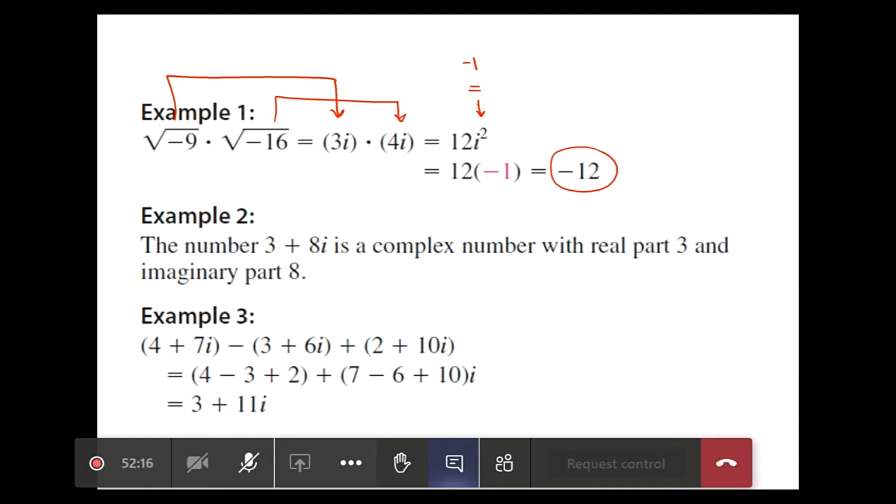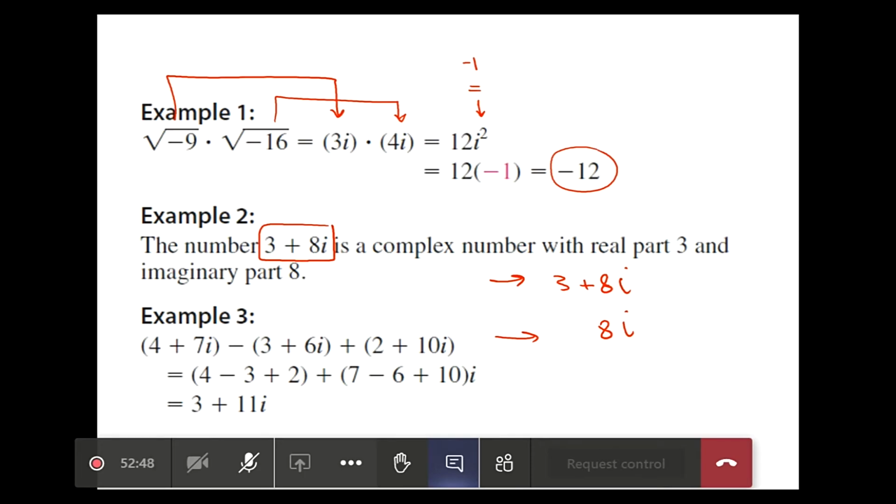The second one. The number, is this complex or not complex? This is complex. Look at this, 3 plus 8i, or for example 8i. This is a complex number. In the first one we have two parts, real and imaginary. In the second we also have two parts, real part and imaginary part.